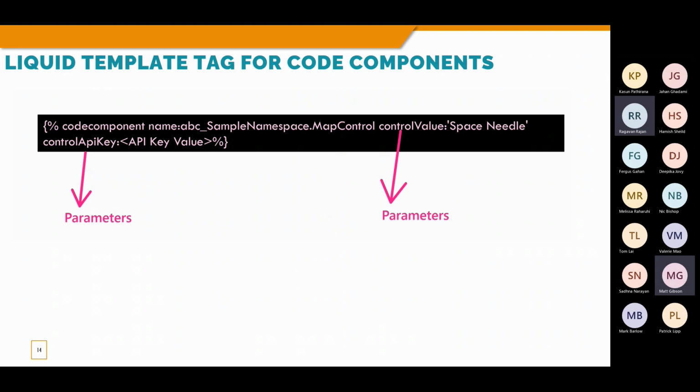All you need to do is a code component, and then starting with this is the prefix, and then the publisher name and the name of the control. And if your business requires a customized parameter from your API, that is also possible. And then if you have an API key, it is really safe to render here.